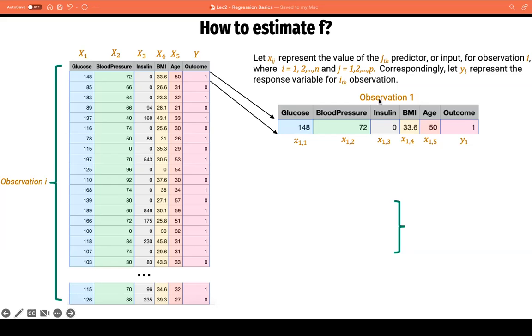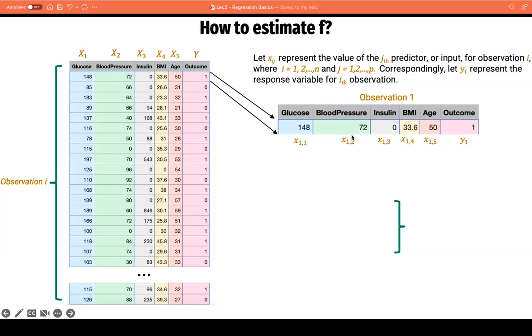So for this observation 1, we use the notation x sub ij. This first cell may be represented by x sub 1,1, wherein the first 1 refers to observation 1 and the second 1 refers to the first indicator or feature, which is the glucose.